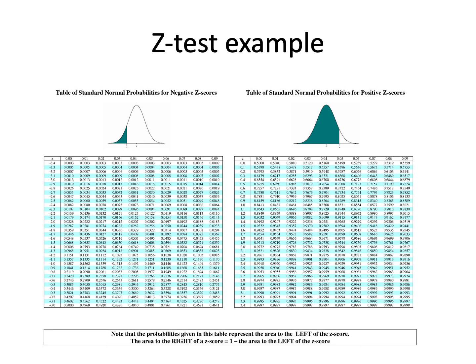The probabilities given in the table represent the area to the left of the z-score, and the area to the right is taken as 1 minus the area of the left.